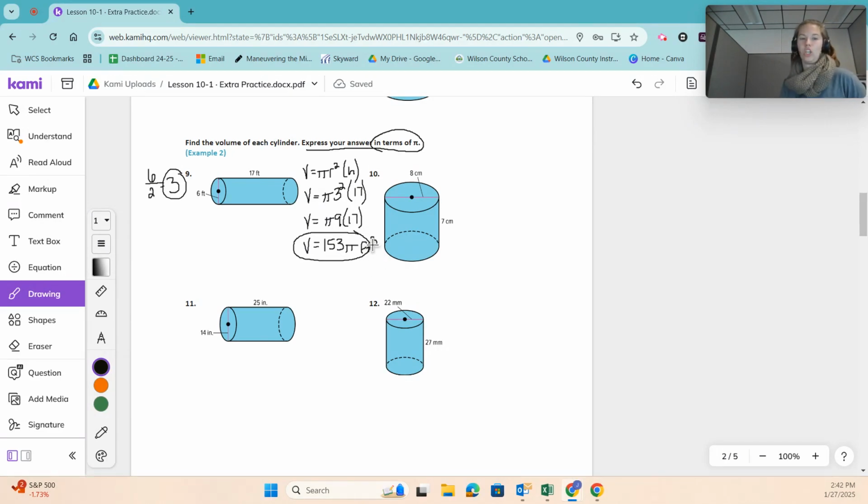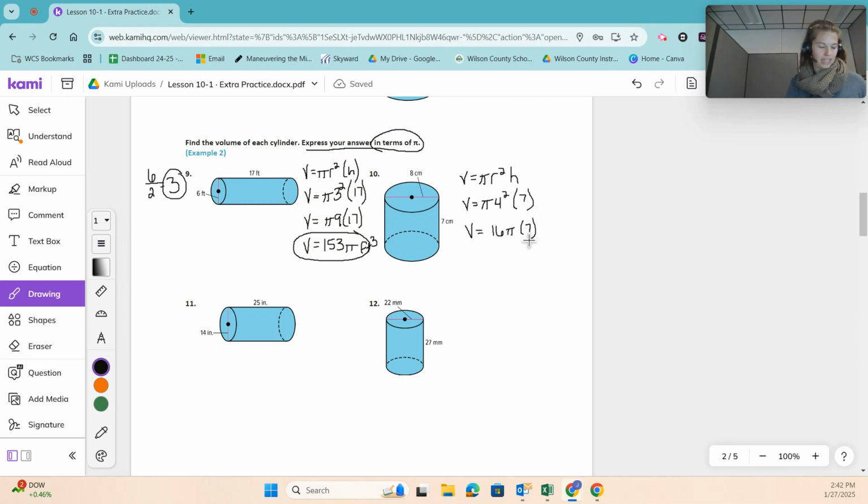Okay, feet cubed. All right, let's do one more just like that. And again, in terms of pi, so we have volume equals pi times radius squared times height. The diameter is 8, so the radius is 4. And the height is 7, so we're doing volume equals 16 pi times 7.